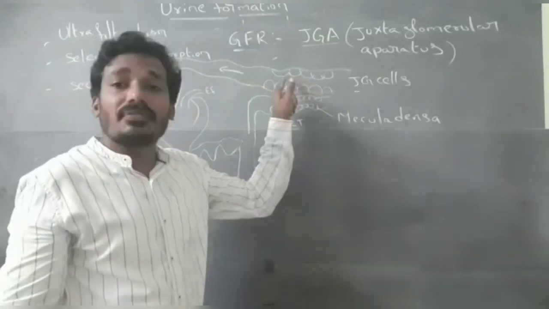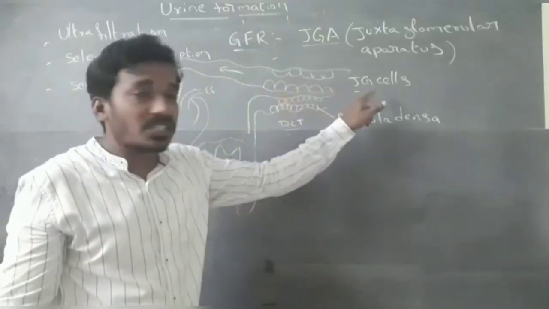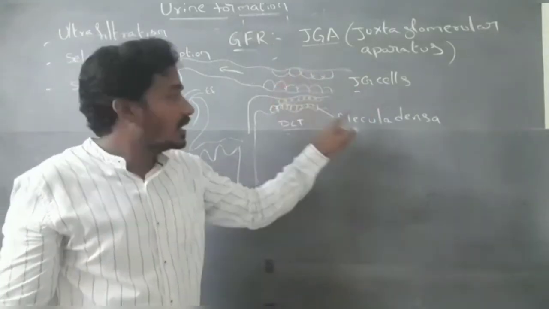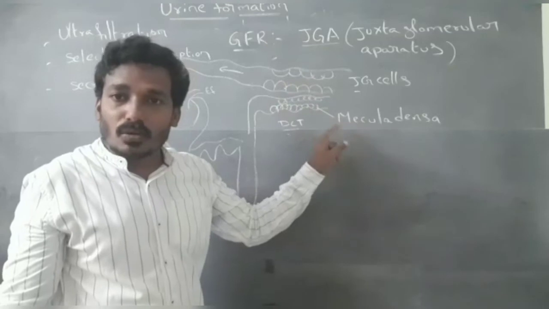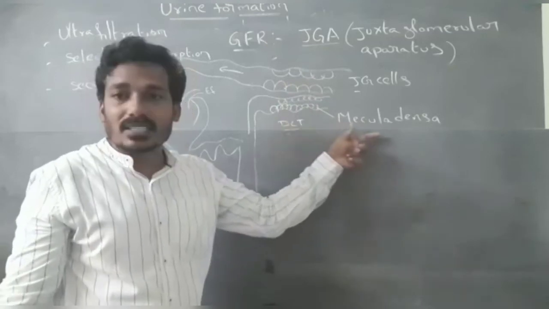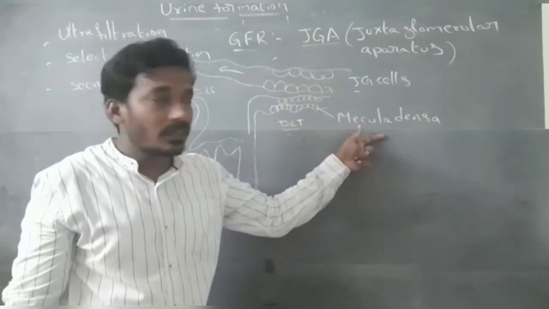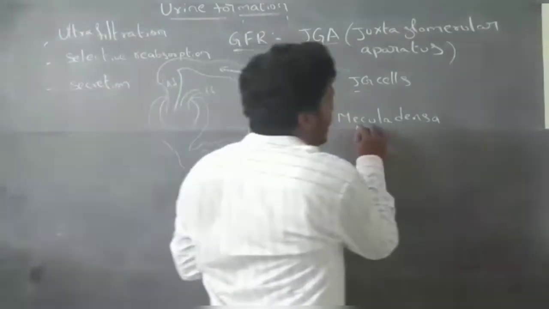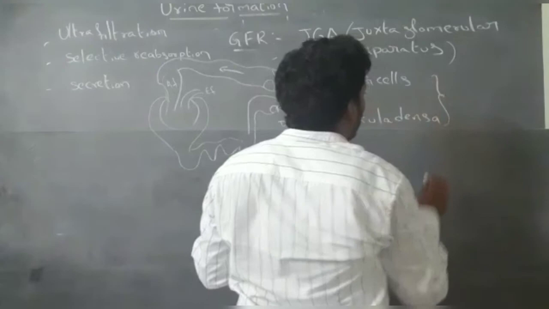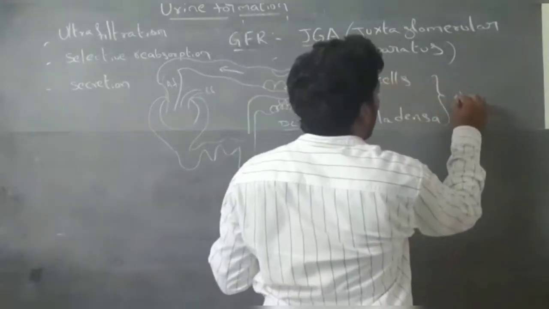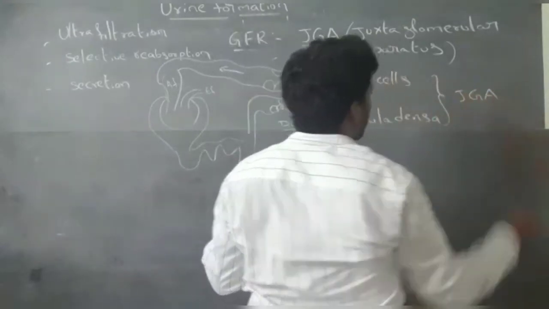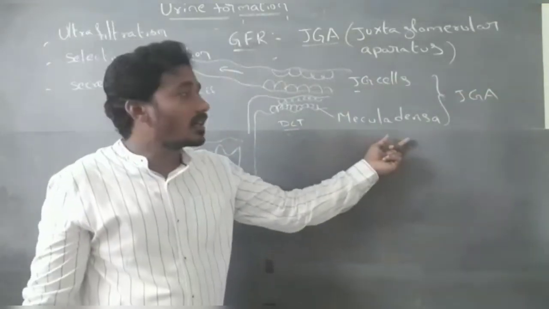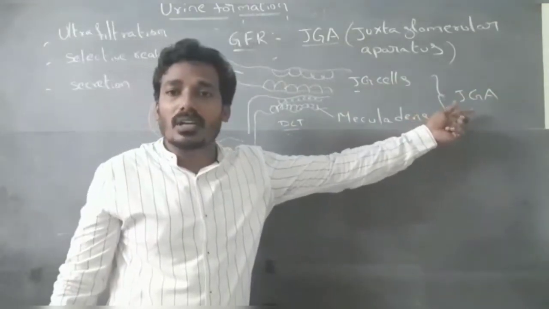It is a modification of the smooth muscle present in the afferent arteriole. JG cells together with macula densa form the juxtaglomerular apparatus.